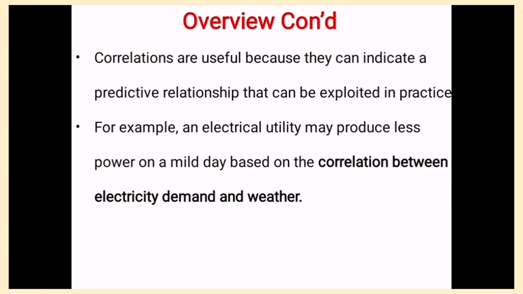So they can clearly see that on a mild day, when electricity demand and weather are in a relationship, what are we trying to understand here? What is correlation trying to predict from these two variables? You can clearly see that at times when the weather is very cold, people may consume a whole lot of electricity.